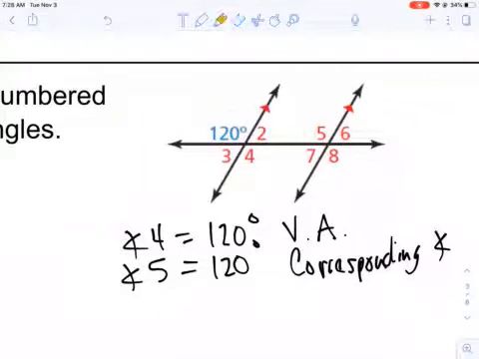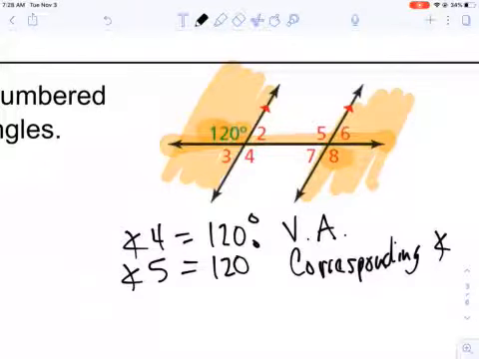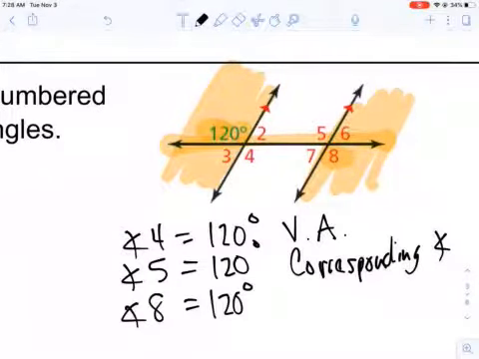And then finally, I see that this and this are on opposite sides, exterior. So that means that 8 is also 120 by the alternate exterior angles theorem. Okay, so I went kind of quickly through that, so make sure you rewatch the video if you missed anything.